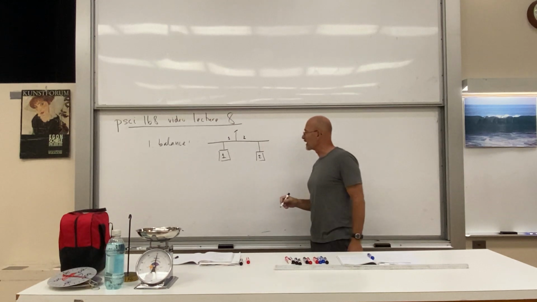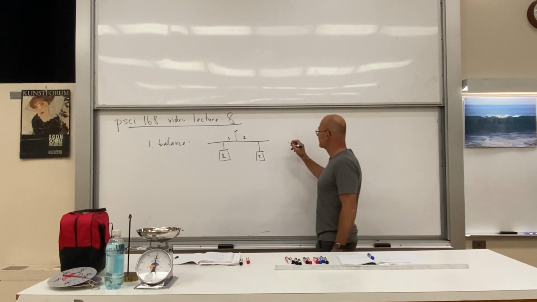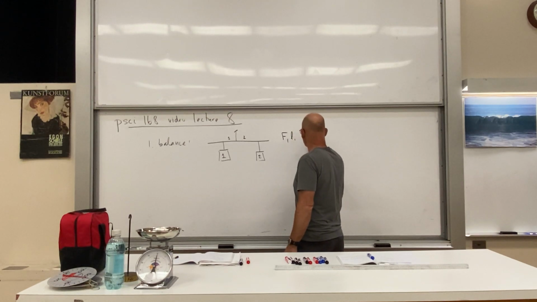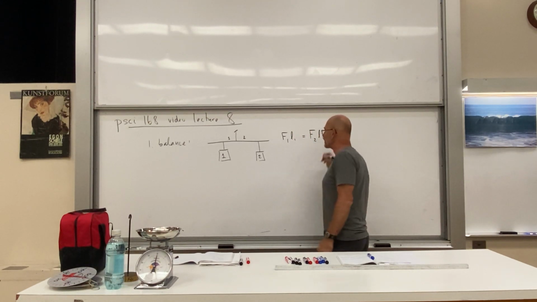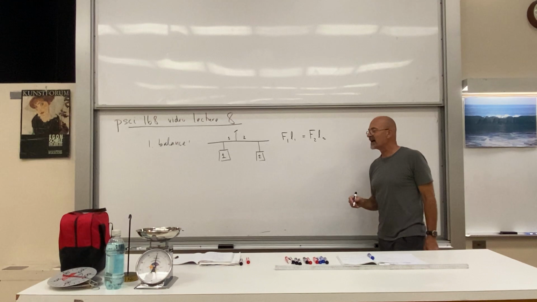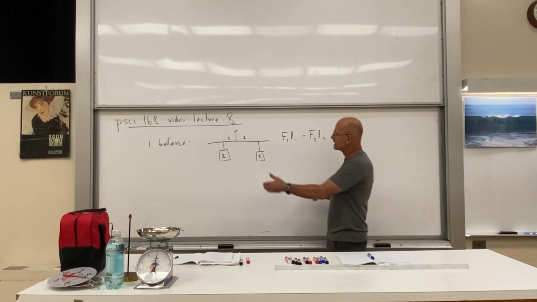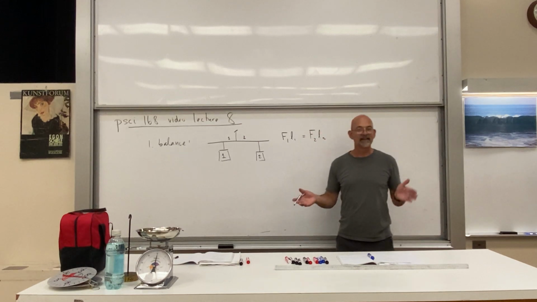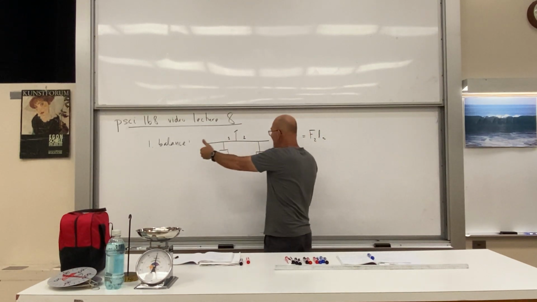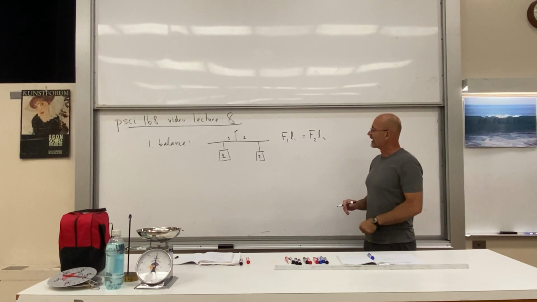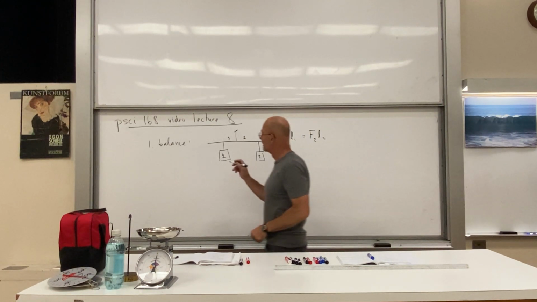I'm going to label it that way this time, because we knew that we had force 1 times L1 equals force 2 times L2. So that was the law of the balance. Just like a teeter-totter, you put the big, in fact, didn't Wally Wallington say that? You put the big kid towards the center, right? So that's the law of the balance.